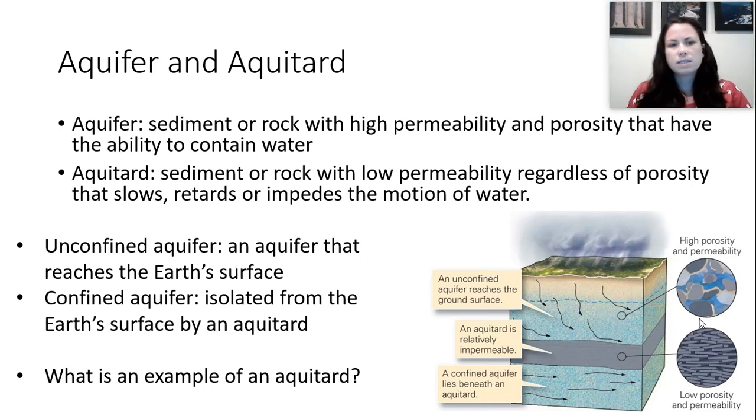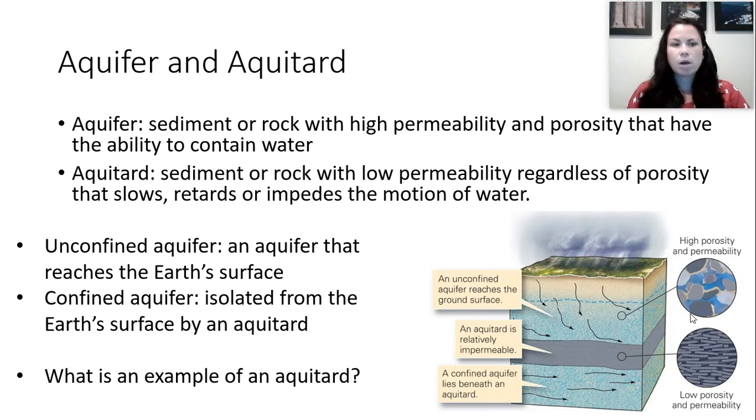And an aquitard is a sediment or rock with low permeability, regardless of porosity, but typically also has low porosity, that slows or impedes the motion of water. We usually see aquitards that bound the aquifer, and therefore we get a confined aquifer versus an unconfined.